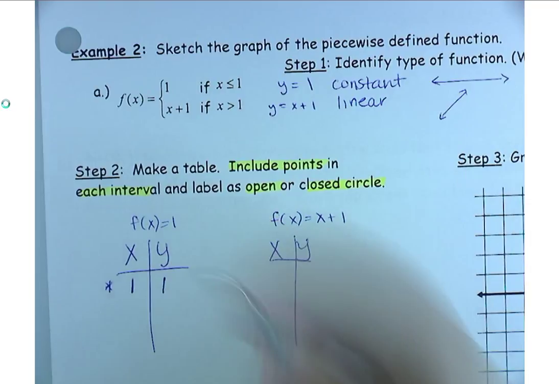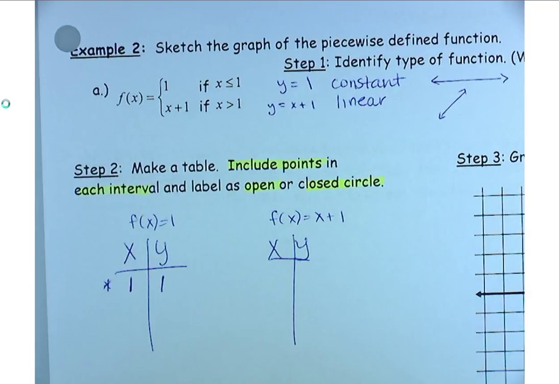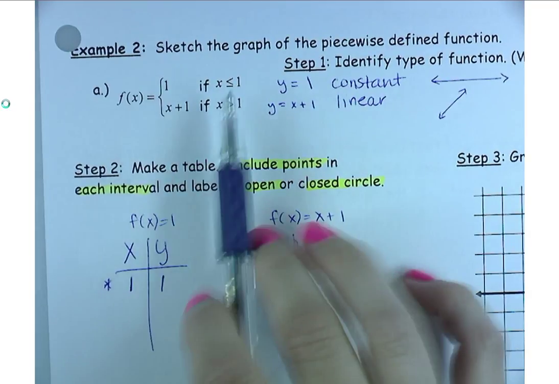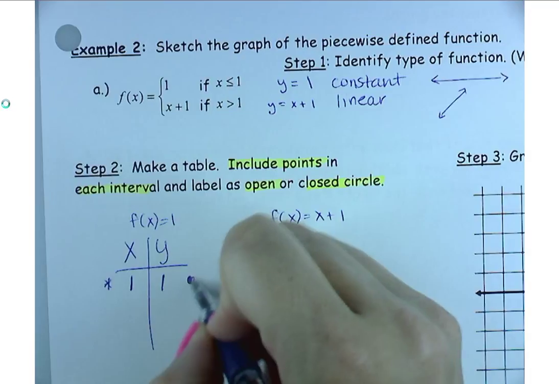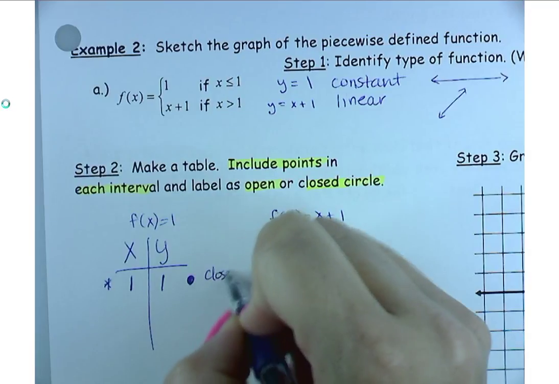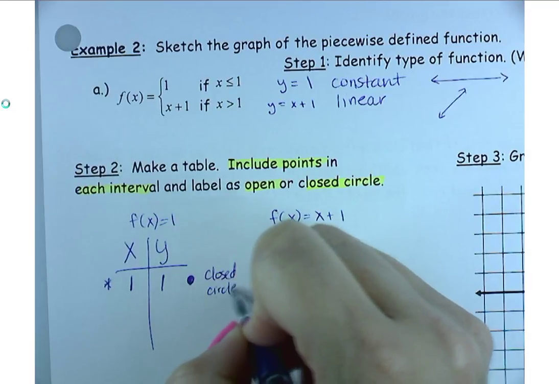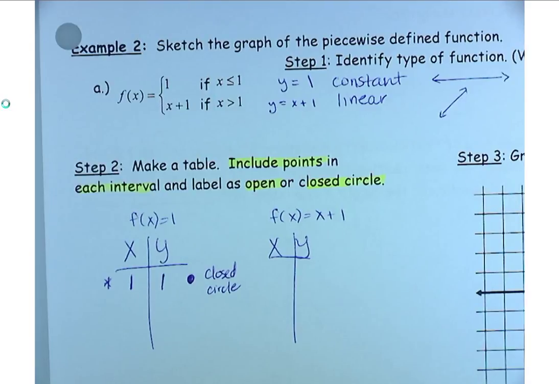And now I'm just going to pick some other ones on the interval. Now, because this is less than or equal to, what type of circle am I going to have? Yep, so I'm going to do this, or I can just write closed circle. And you only have to do the open or closed circles with your key values. Okay, so 1 is a key value.